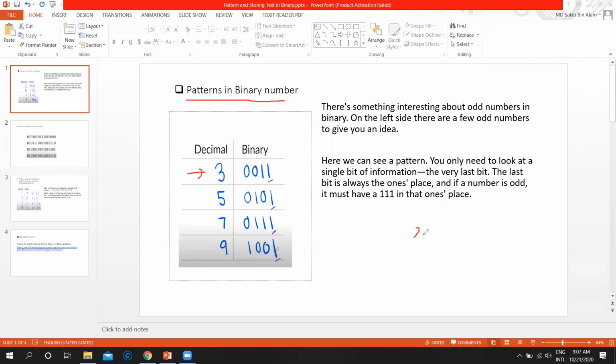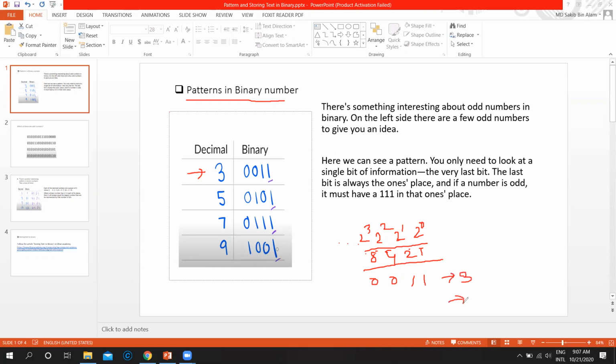We use the powers of 2: 2 to the power 0, 2 to the power 1, 2 squared, 2 cubed, and so on. 2 to the power 0 means 1, then 2, 4, 8. So 3 means we have to make 1 here and 1 here, and we can give double 0 here: 0011. This is 3 in binary.